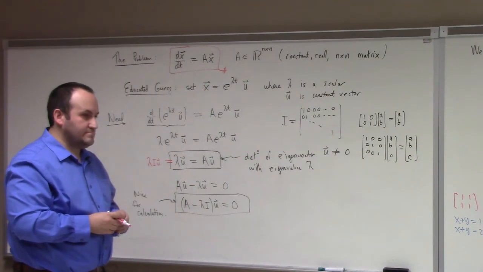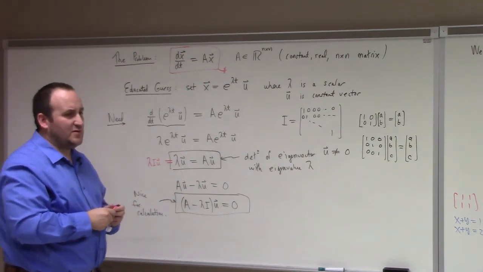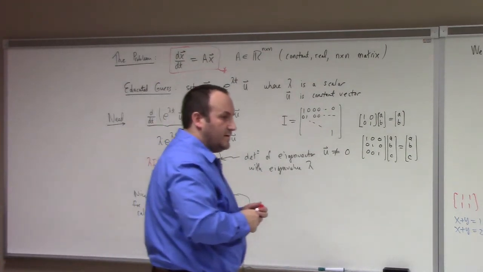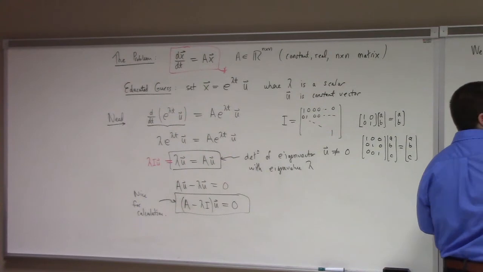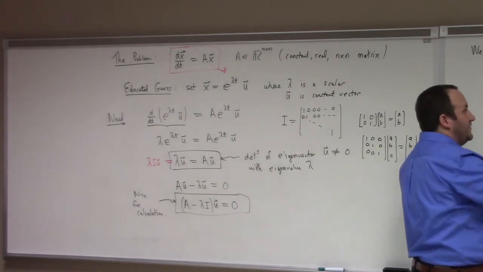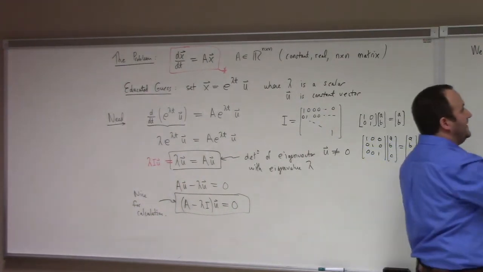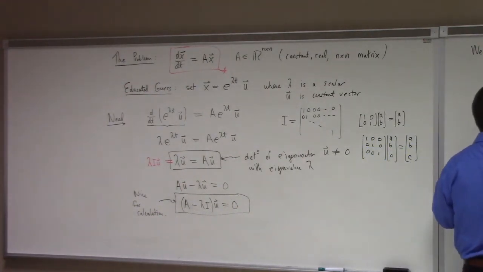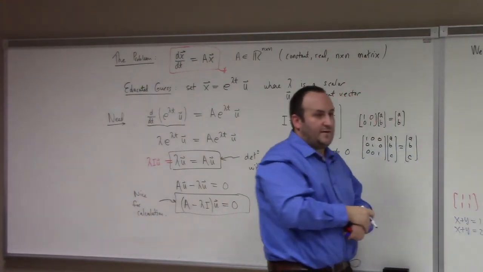The reason I'm doing that is I want to rewrite it as a single matrix times a vector. Putting the I in there allows me to write this as a single matrix times the vector. And the advantage of that is, once we get to this, if I think of this matrix as B, look at this matrix B. What can we say about it?